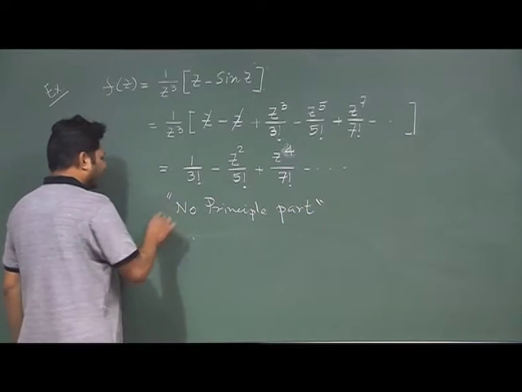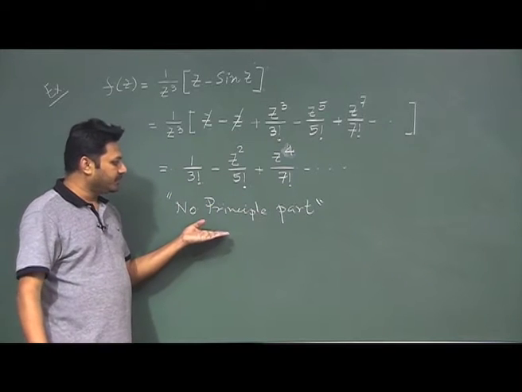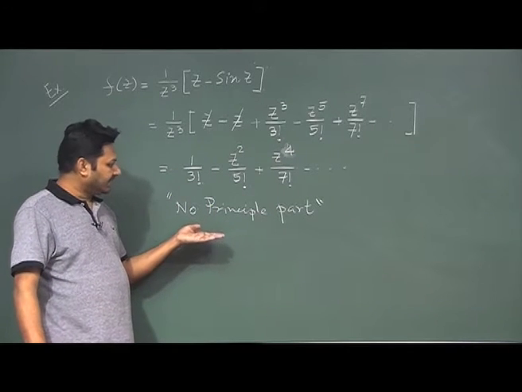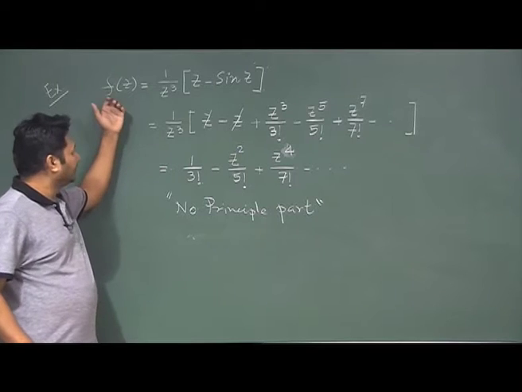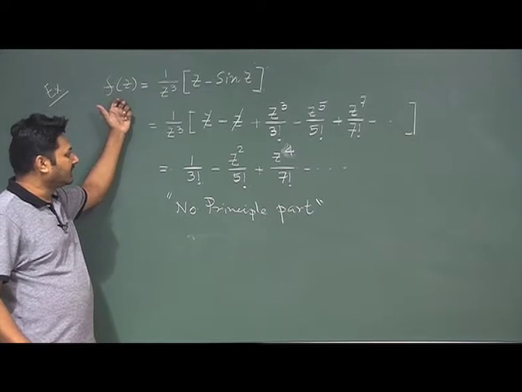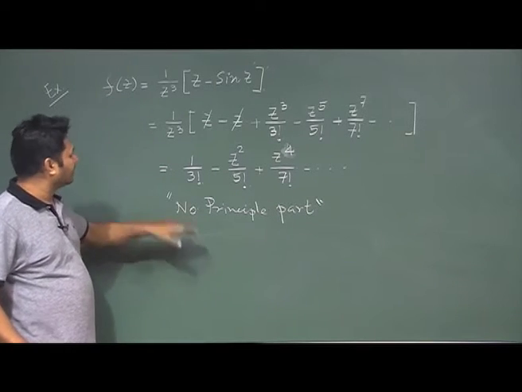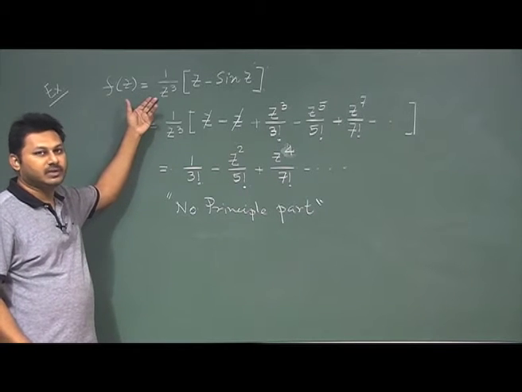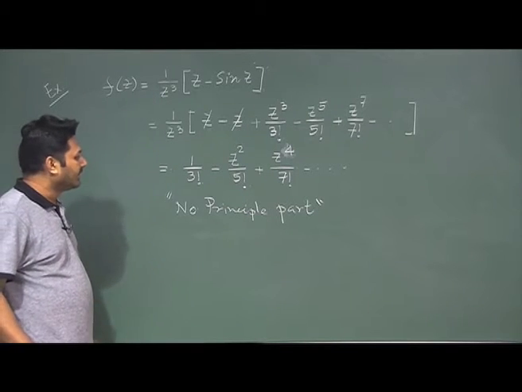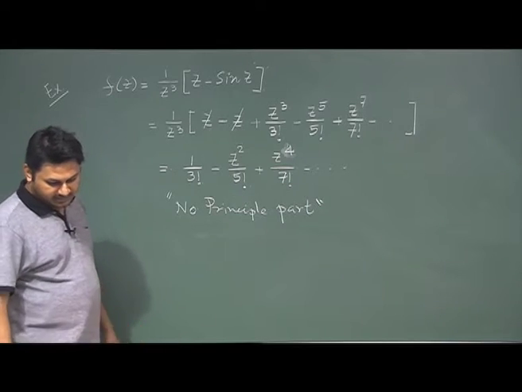Since there is no principal part in this series, we can say that at z equal to 0 this particular function should not have any singularity, or it has a singularity which is removable in nature. So, it is a removable singularity, because there is no principal part associated with it.